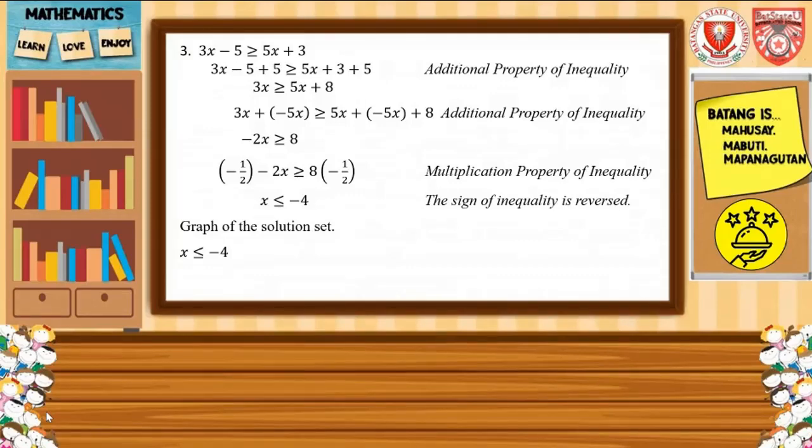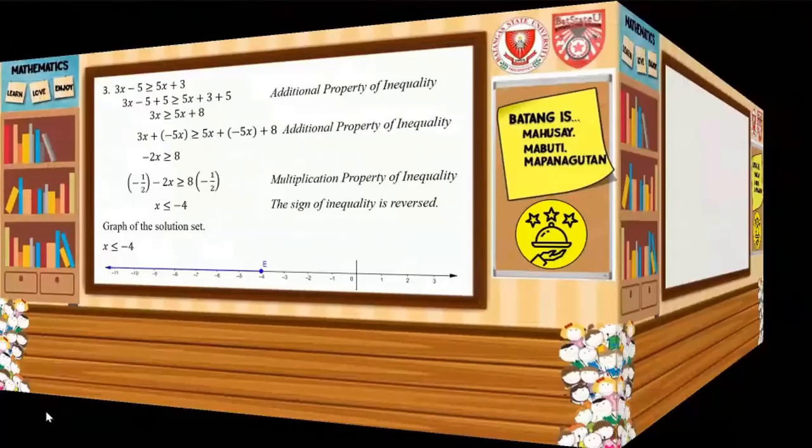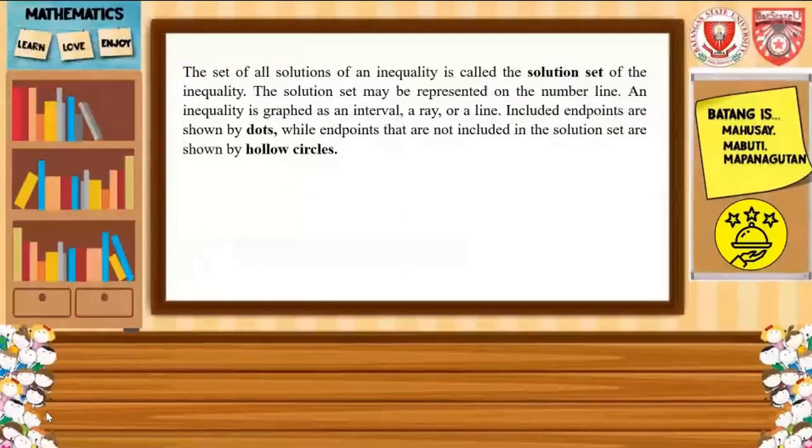So we have x is less than or equal to negative 4. Our solution set is here: from negative 4 and everything less than negative 4 is part of the solution set of the given linear inequality. The set of all solutions of a linear inequality is called the solution set of the inequality. The solution set may be represented on the number line by graphing.